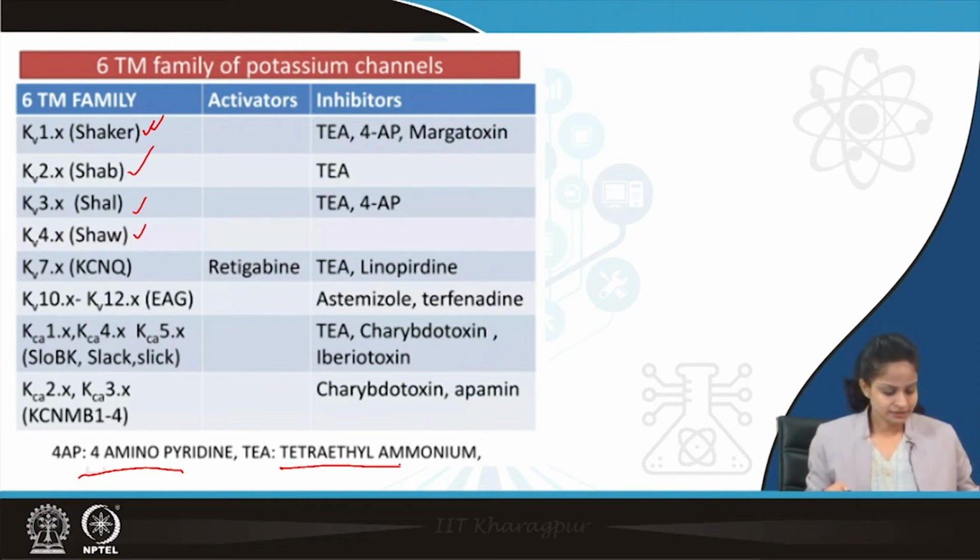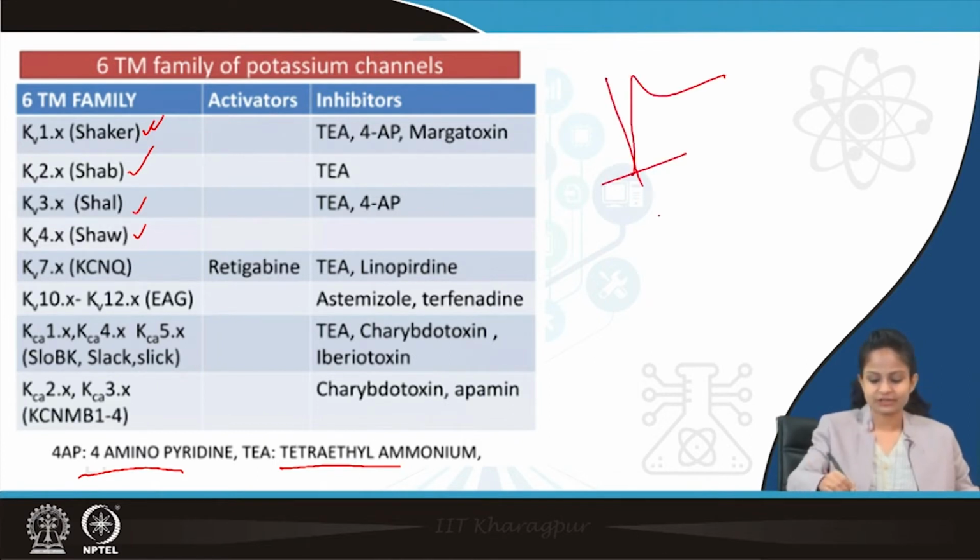Besides that, the different types of voltage gated potassium channels: some are known as fast activating potassium channels, some are known as slow activating potassium channels. It depends on the speed. Fast activating potassium channels are occurring very rapidly.